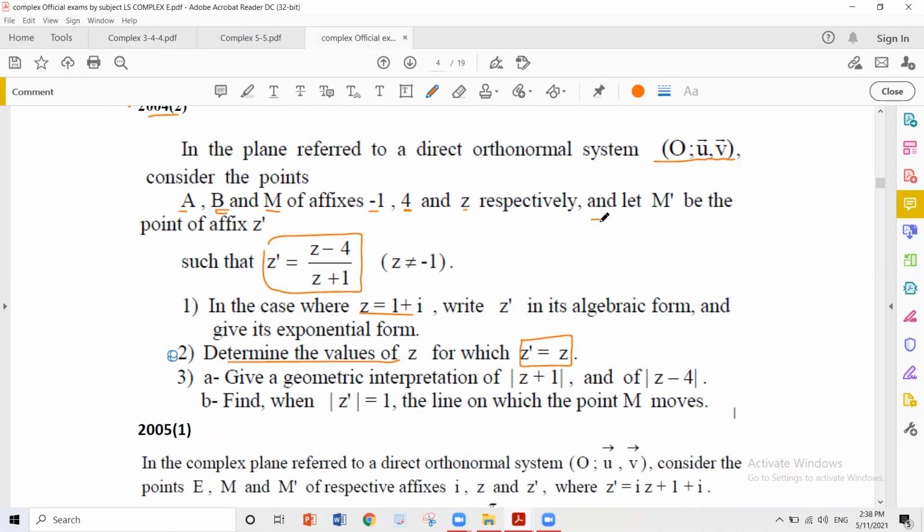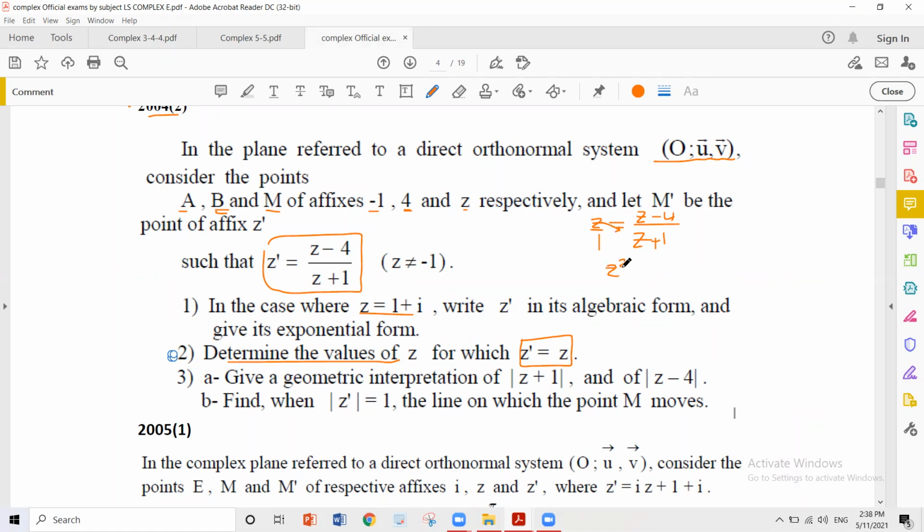Z prime equals Z, we say Z equals Z minus 4 over Z plus 1, cross multiplication.